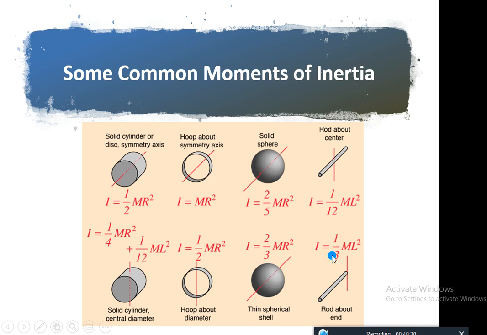It is when we are taking moment about the rod end. Keep in mind, m is the mass of the rod and l is the length of the rod. You can also say it r, that is moment arm, which is also the length of the rod.